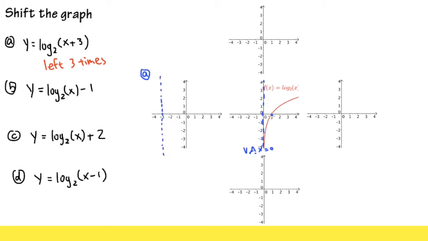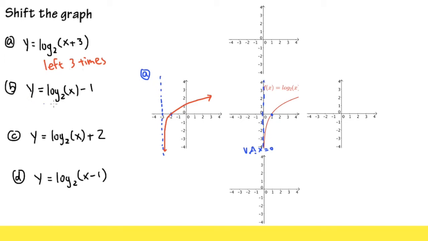And then we also take this point, shift it to the left 3 times, so we have 1, 2, 3, we have (-2, 0), which is this point here, right? And of course we can just sketch the graph like this. Okay, so this is how the graph of log base 2 of x plus 3 will look. You can write down the equation again here, but it doesn't really matter.